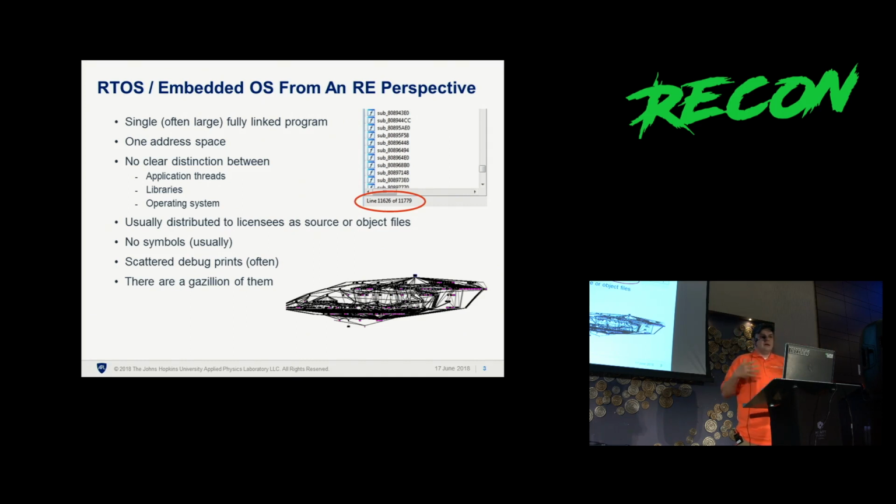A lot of these nowadays have flash on die, so you'll have a microcontroller core and the flash all in one die or package. So you've got one address space, and if you're a Windows person, imagine you have the Windows kernel, system libraries and a couple of user applications, and they're all put into one program and they're linked together. So you get rid of all of your import and export tables, all your symbols, and you just have functions calling the functions that they need to call. That's what we're usually dealing with.